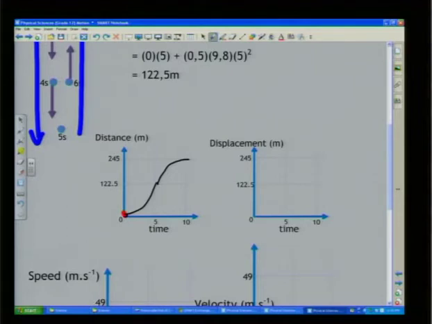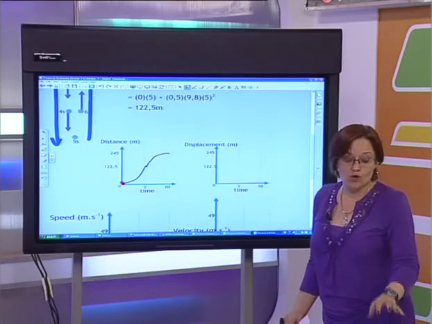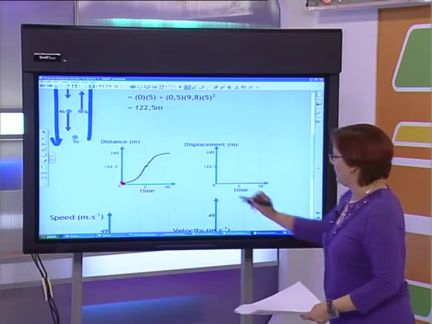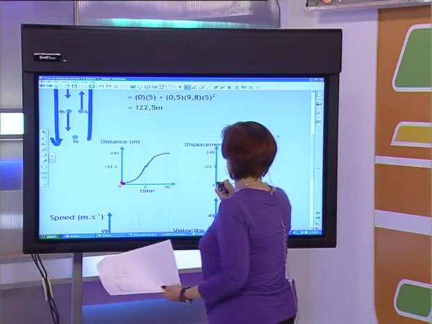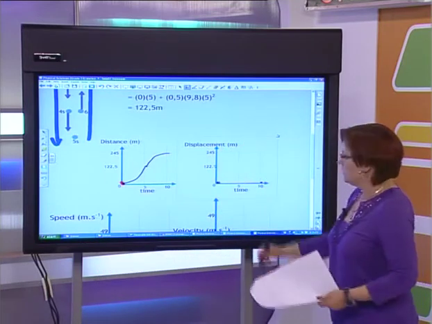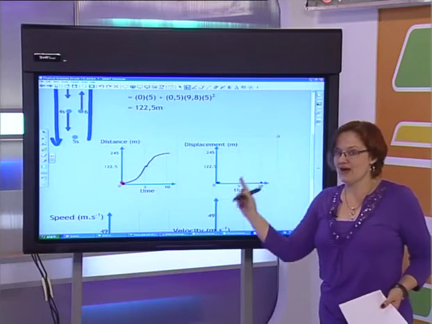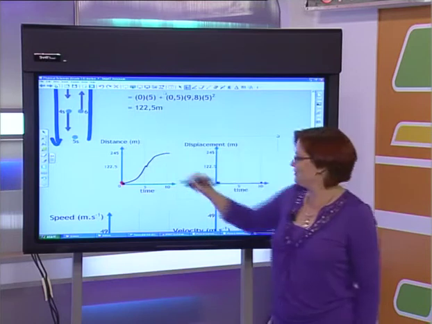But what about the displacement? Now, all we've done with this question is instead of throwing it up and down, we've bounced it on the floor. So it stopped and started at the same place, which means this point, I'm going to need to stand here, and that point is my beginning and end point. Be careful now with the height, because it only goes to 122,5.